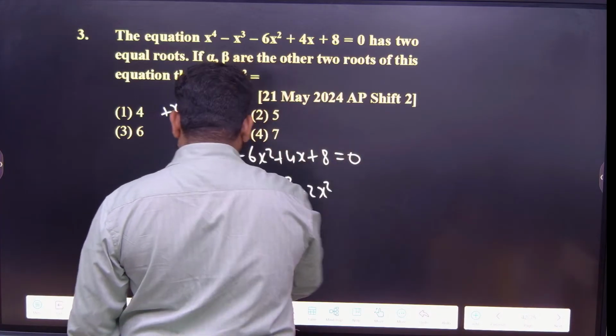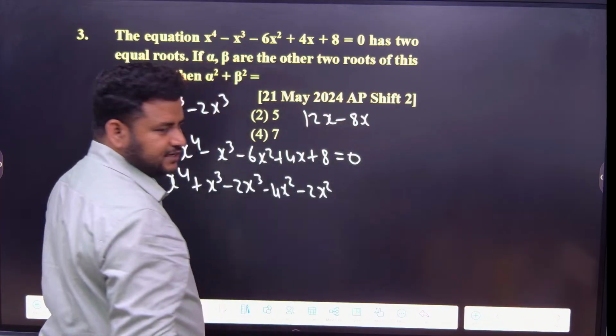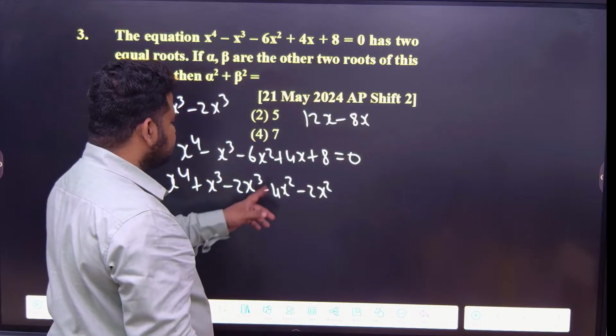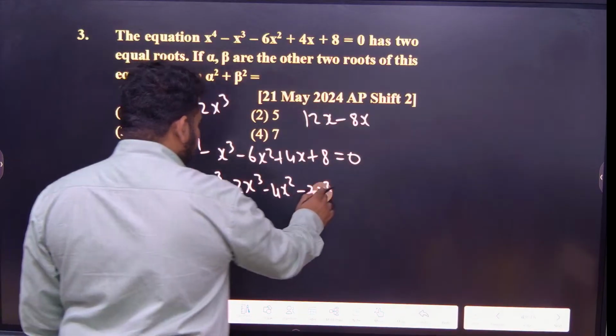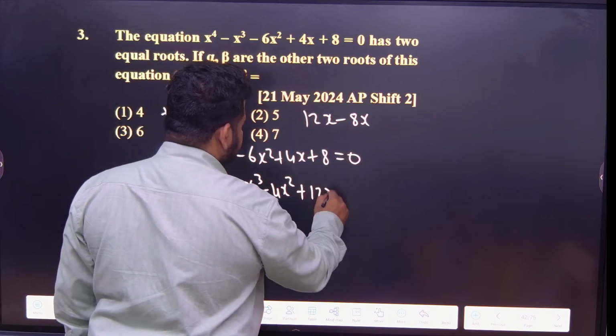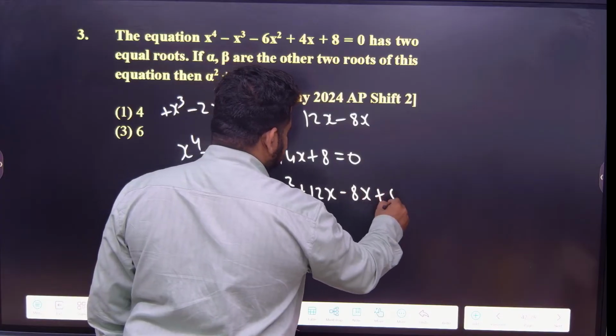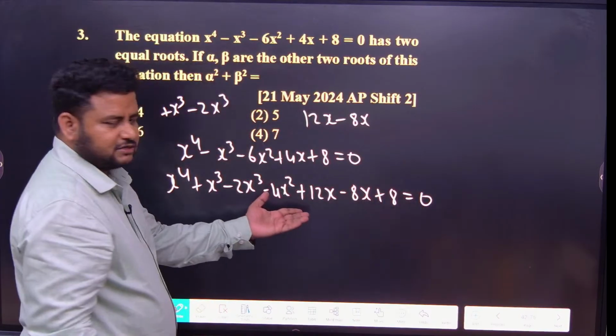So 4x can be written as 12x minus 8x, correct? 12x minus 8x plus 8 is equal to 0. 12x minus 8x will give us 4x only.